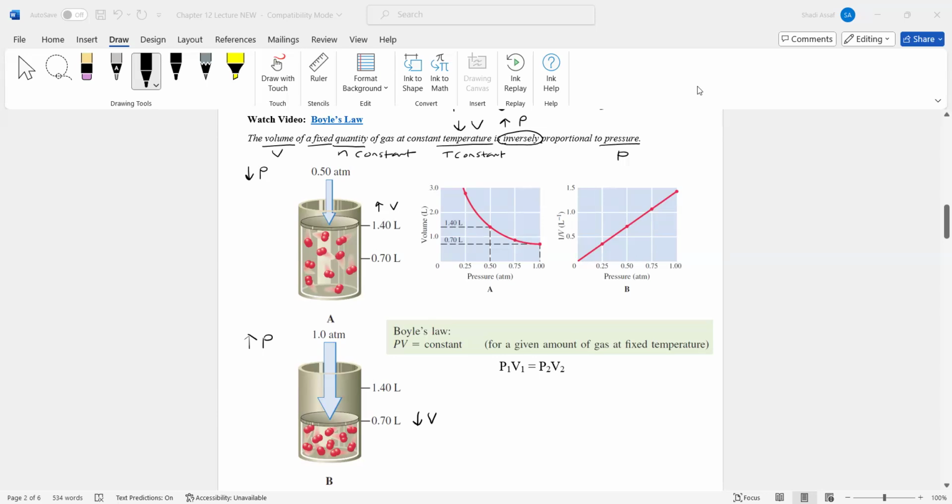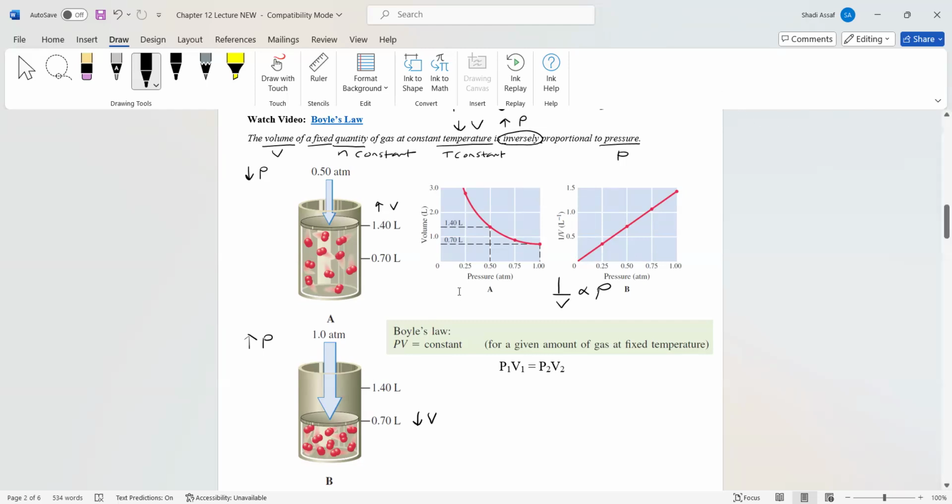You can see that the pressure is small, it's about 0.25. As you actually decrease the volume, you can see that the pressure is going up. So look at 1.4 liters, look at the pressure, 0.5, look at 0.7 liters, it's 1. What they do sometimes is they actually graph it by the inverse, which means you put 1 over V, which would be directly proportional to pressure. So, you do the inverse.